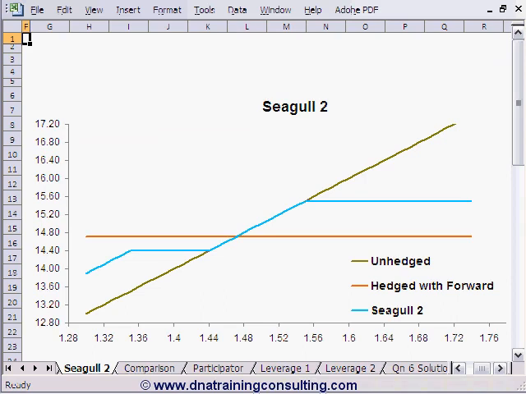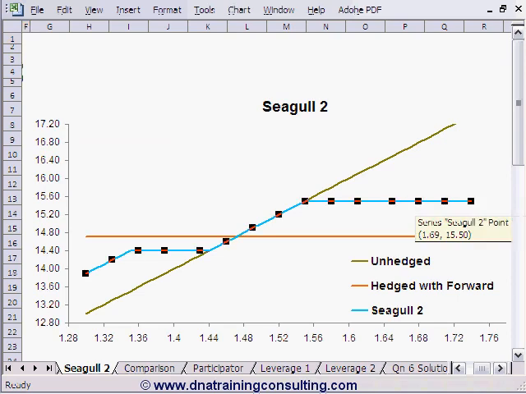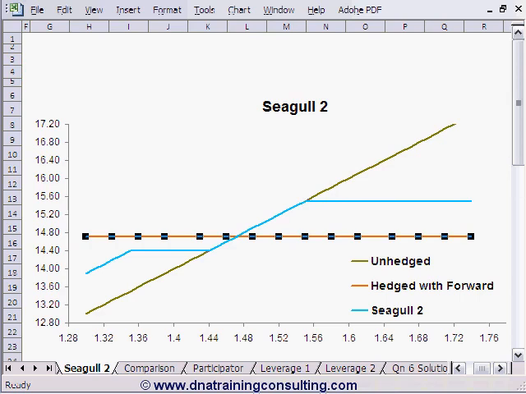These outcomes are plotted on this worksheet, Seagull 2, appearing now in front of you, with the graph for the present structure appearing here in light blue, against once again the unhedged position in olive and the forward hedge in the orange color.